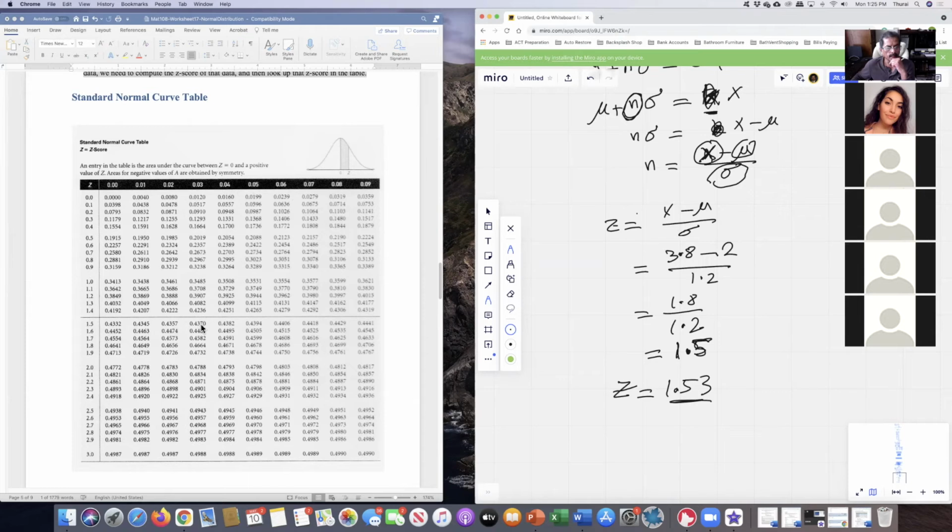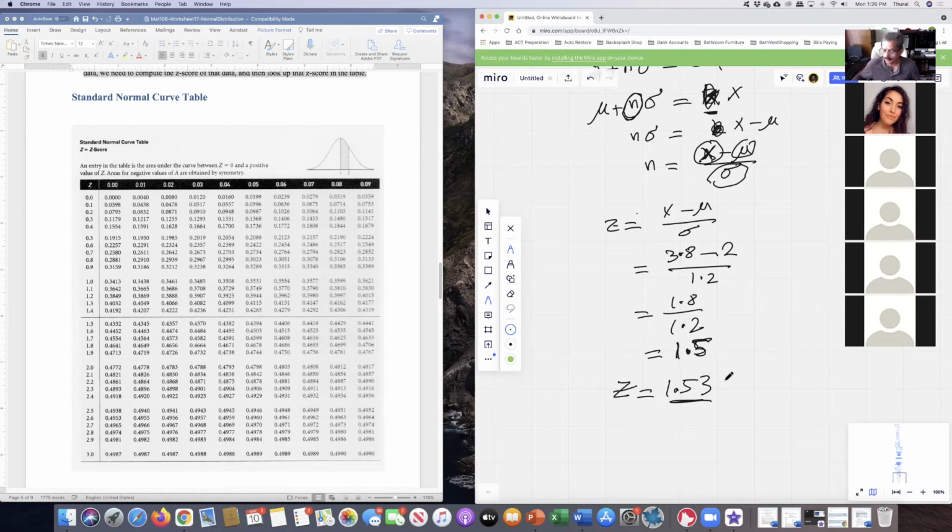This number right here, 0.4370, is the number. These columns represent the hundredths digit in your z-score. So I have a 3 as my hundredths digit, so I have to go to the column that shows 0.03.